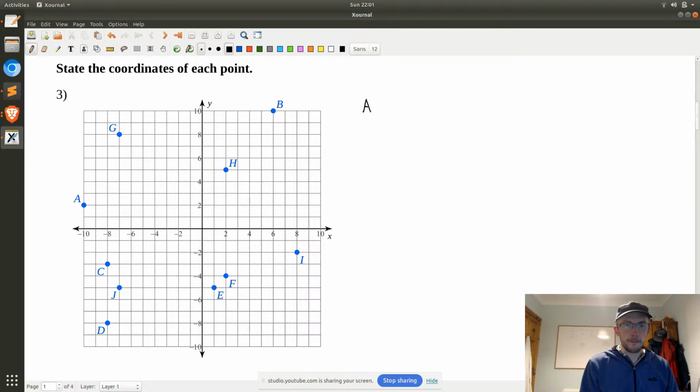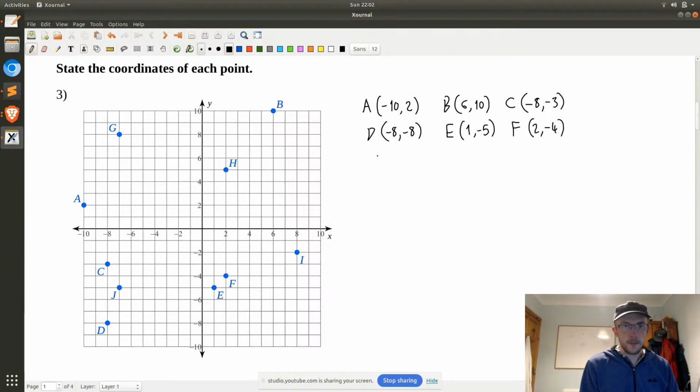So, -10, 2, 6, 10, -8, -3, -8, -8, 1, -5, 2, -4, -7, 8, 2, 5, 8, -2, -7, -5.